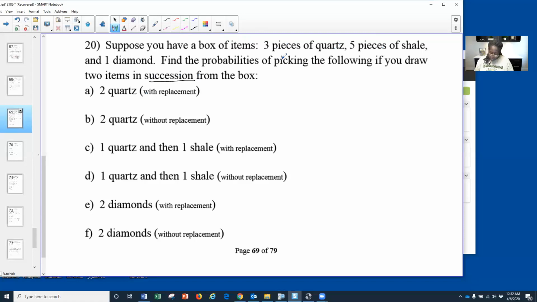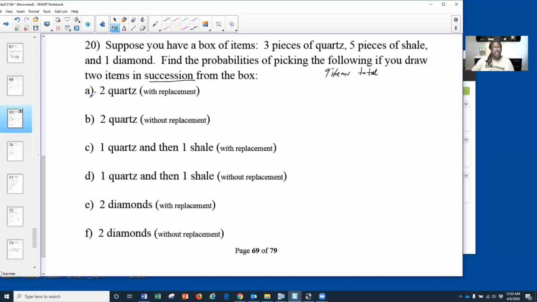Okay, so add up everything. How many items are in the box? I'll wait. Okay, so we have 3 plus 5 plus 1, 9 items total, right? Okay, so now that tells us what our denominator is going to be when we start finding our probability.